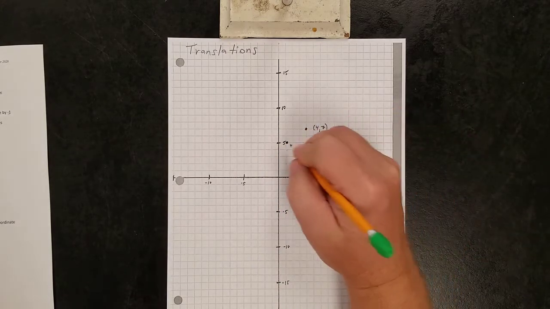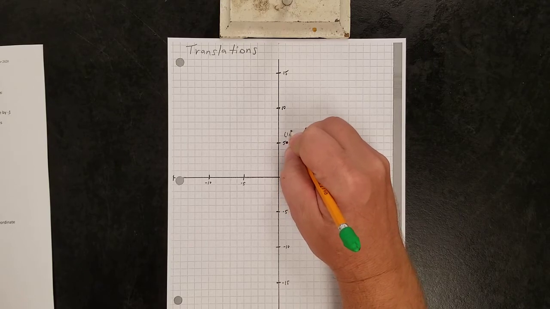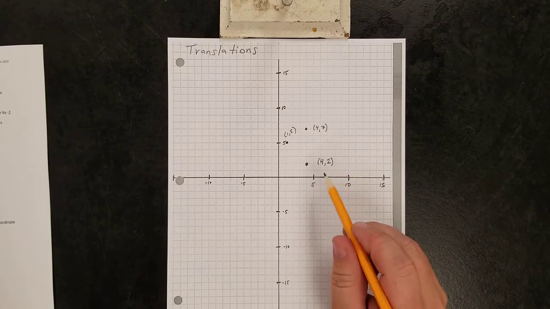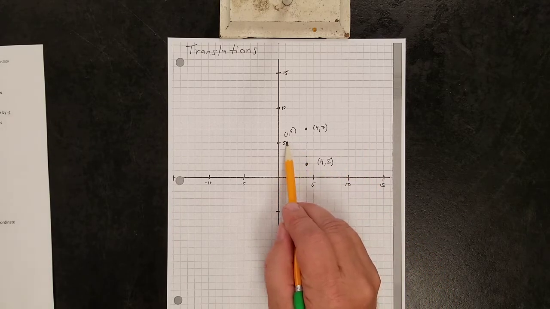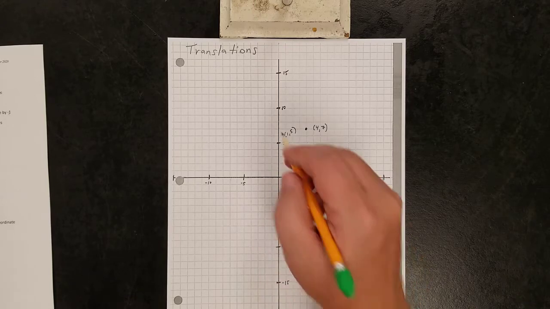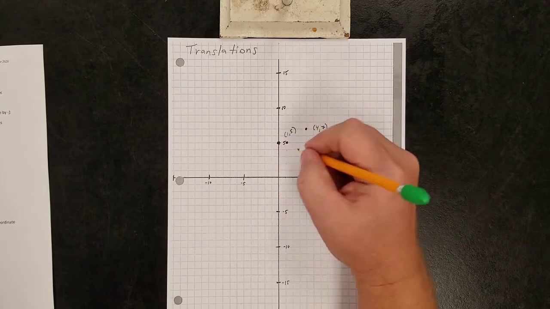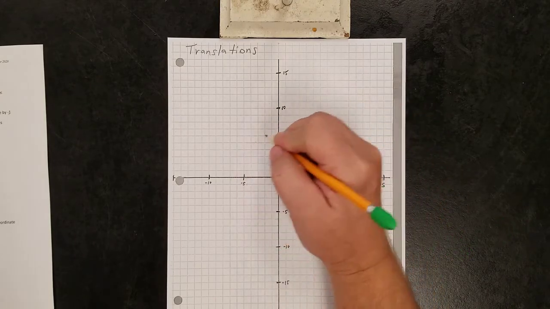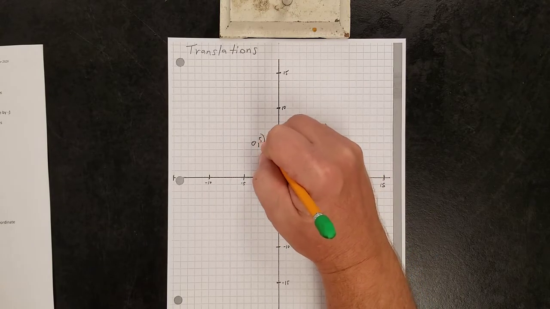What if I wanted to translate it 1 unit left? Well, it would move it over here 1 unit left, and now the new point would be 0 units over, and then 5 units up.